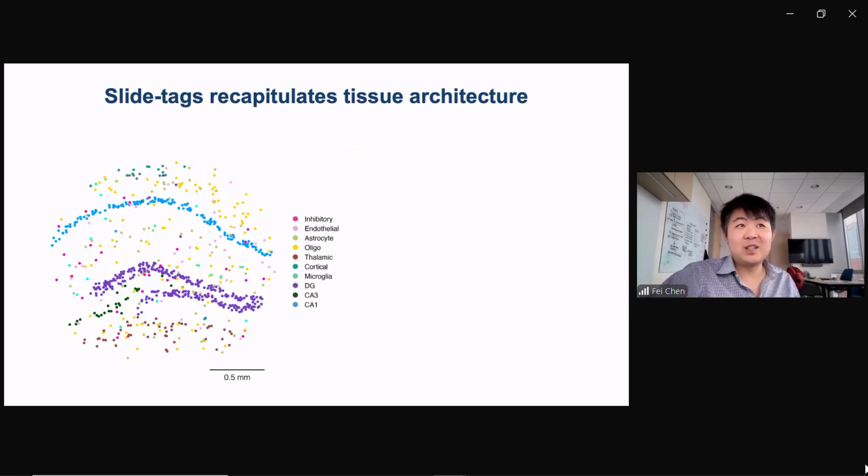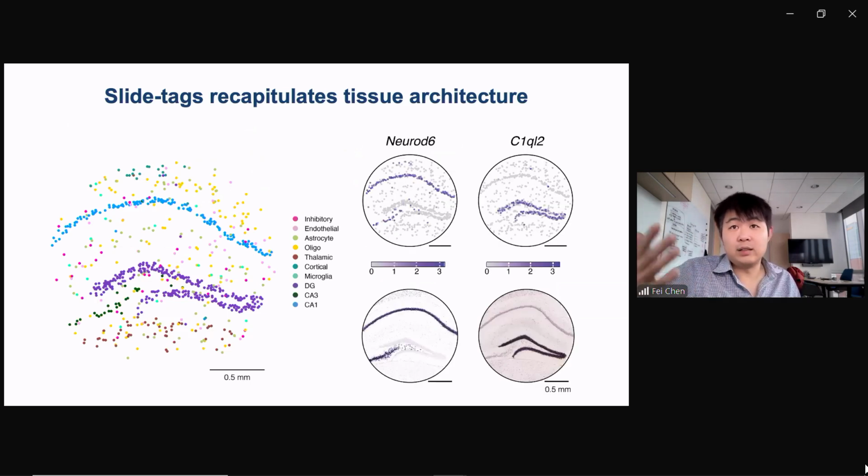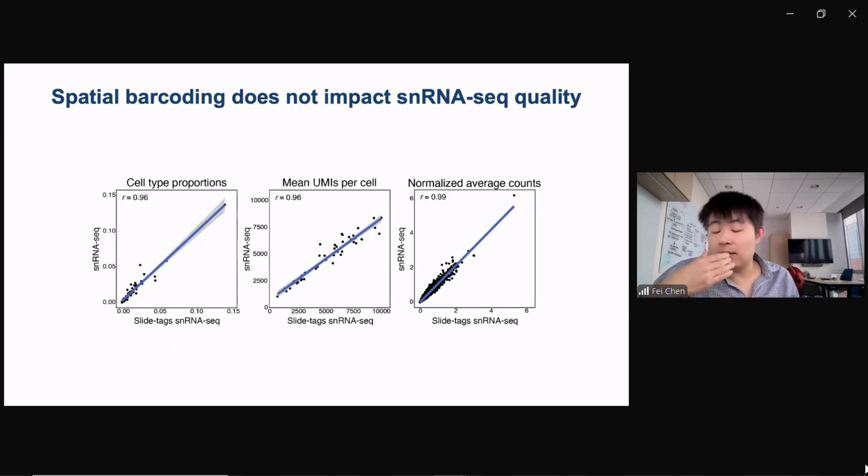Underlying each one of these cells is the gene expression profile of true single cell data. And so you can then plot individual genes back into space. I think the key thing to take away here is that this spatial barcoding is an upfront step that takes about 10 minutes before you do your experiment.